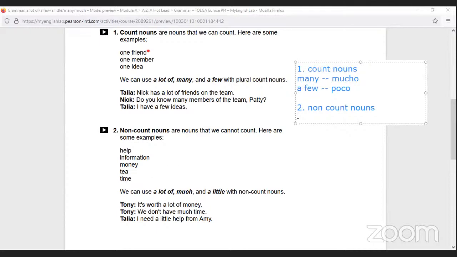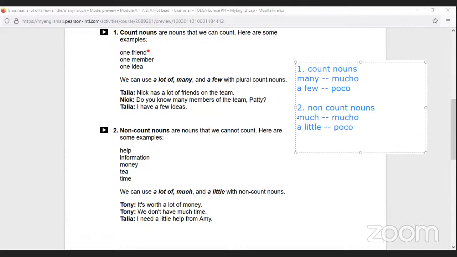So when we have non-countable, we are going to use much for big amounts. If we talk about few things or not much, we're going to use a little, okay, for non-countables.